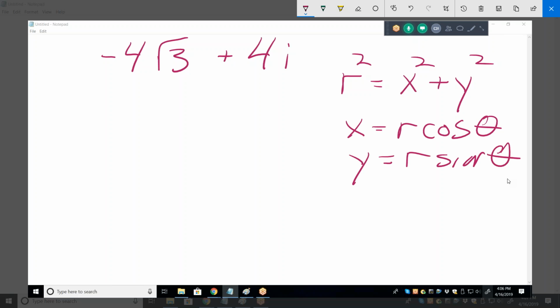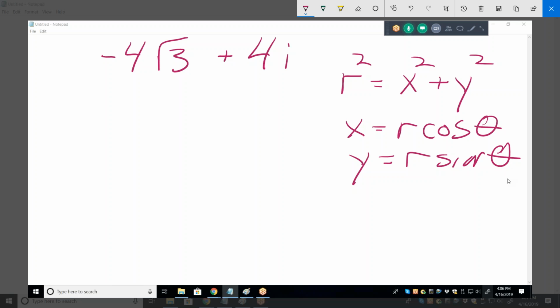Those are the three biggies: r squared equals x squared plus y squared, x equals r cosine theta, and y equals r sine theta.